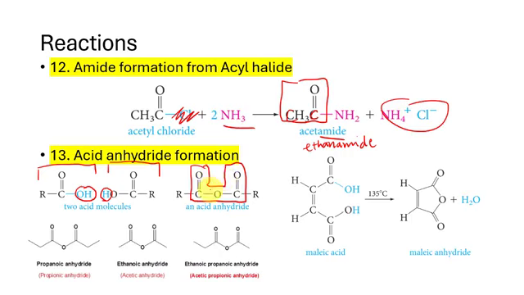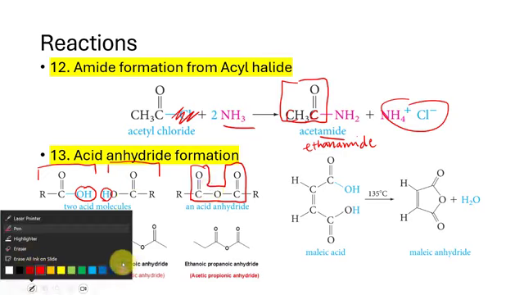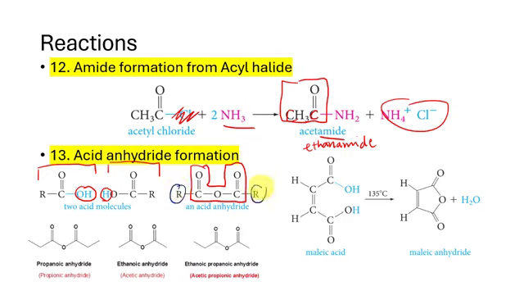The way we name acid anhydride is that we name first the alkyl chain present on both sides of the anhydride, then affix the word anhydride. For example, in this case, these are 3 carbon containing alkyl chains, so this is propanoic anhydride. These are 2 carbon containing carboxylic acids, so it's ethanoic anhydride. These are what we call symmetric anhydrides because both alkyl chains are the same.